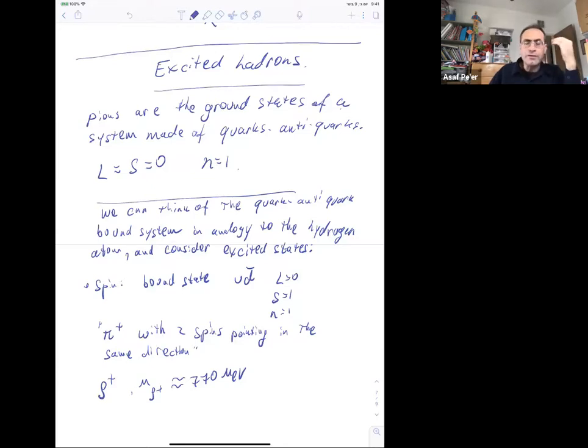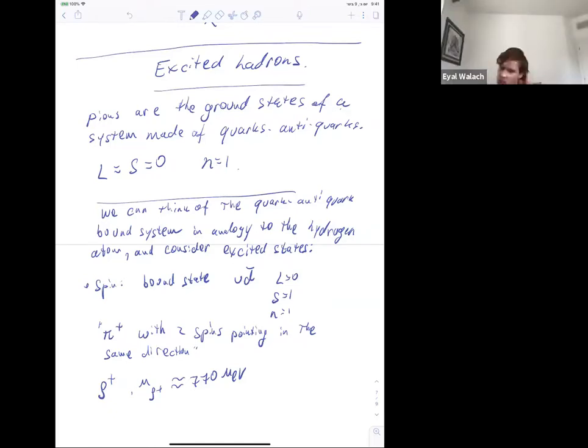Now you can think of the mass difference as really the hyperfine splitting. This is very analogous to what we're seeing in atoms, right? We have a magnetic interaction between the spins of the electron and the nucleons and the kernel, right?